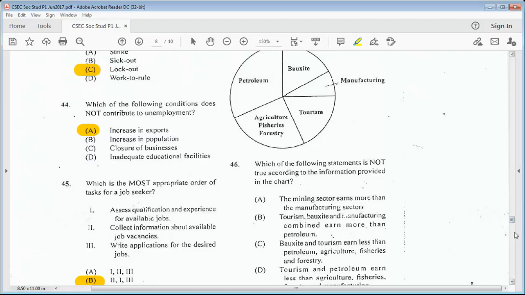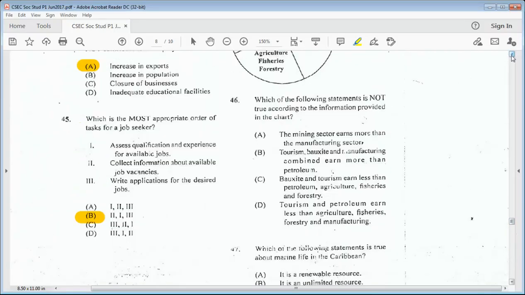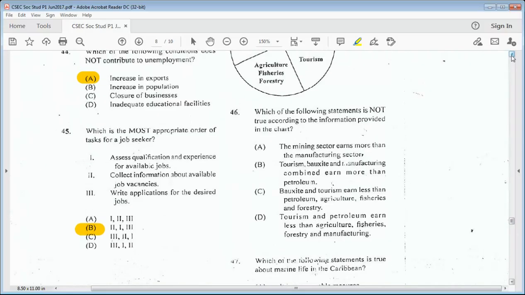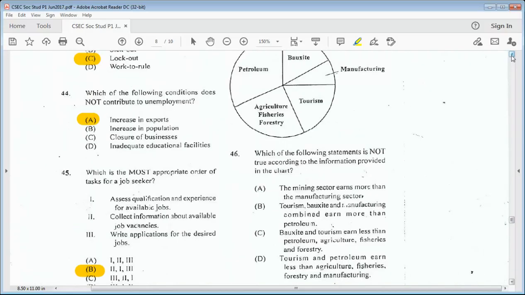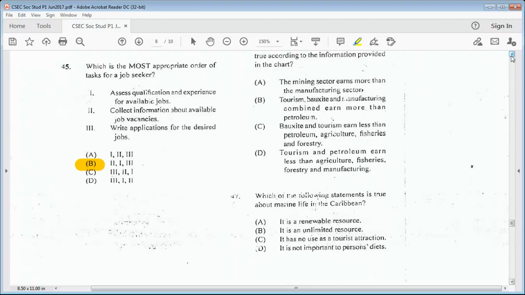So let's look at C. Bauxite and tourism earn less than petroleum, agriculture, fisheries, and forestry. So bauxite and tourism earn less. And tourism earns less than fisheries. Yes. So let's look at D now. So D would be your answer.